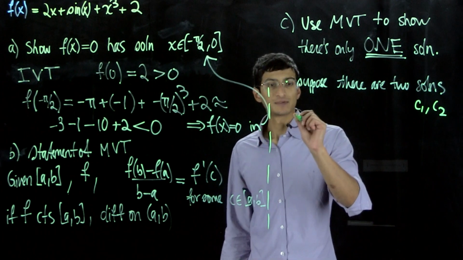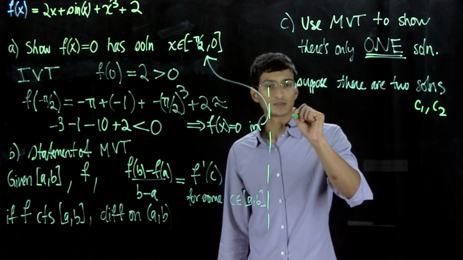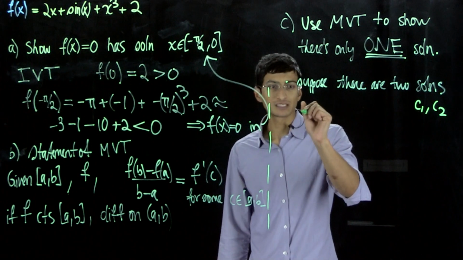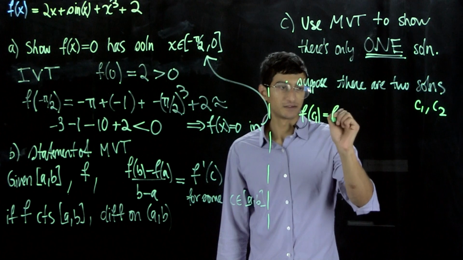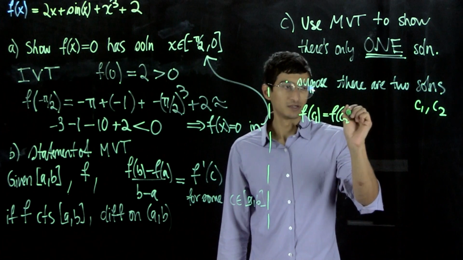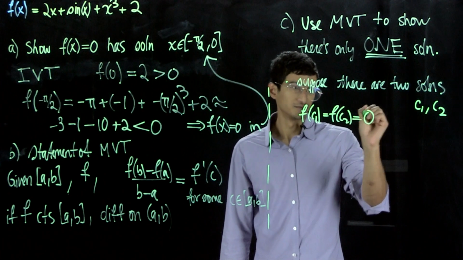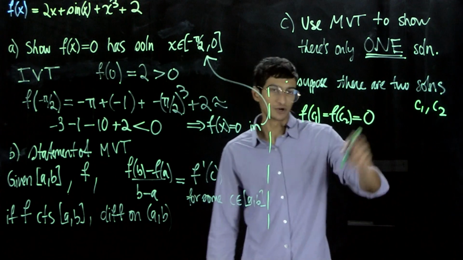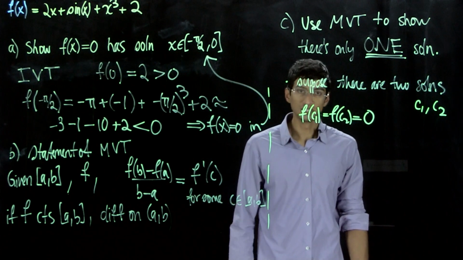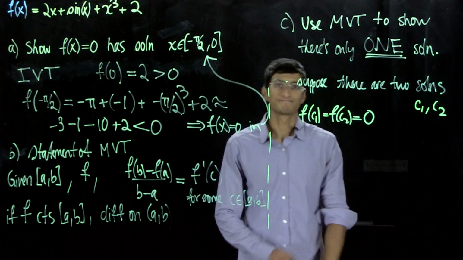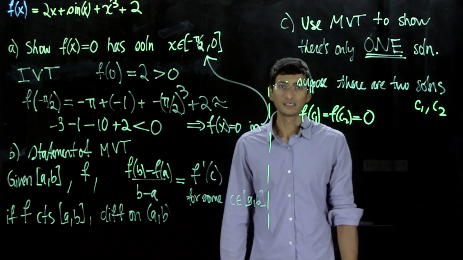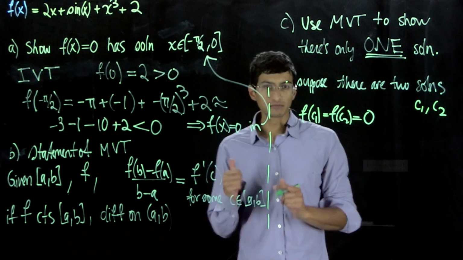Then, what does that mean exactly? That means that f of C1 equals f of C2, which equals 0. That's what it means for C1 and C2 to be solutions to f of x equals 0. So that is our assumption. Let's see if our assumption leads to a contradiction.